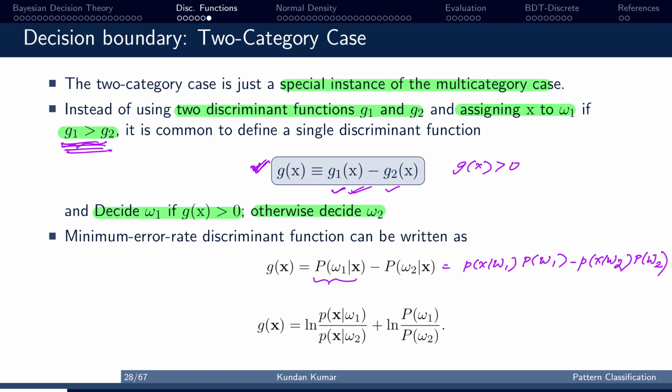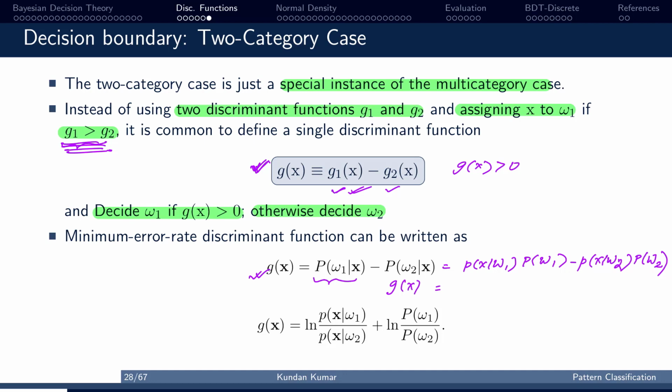Now, simplifying this expression is a little bit difficult. So we can take the logarithm of this discriminant function, so that the multiplicative terms become additions and it is easier to simplify. That means we define a new discriminant function, which is the logarithm of this discriminant function.